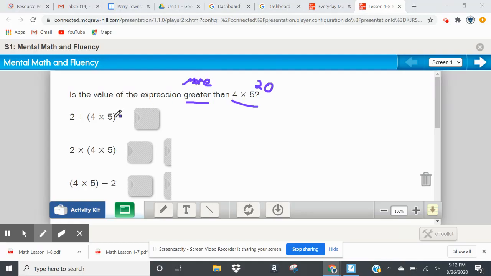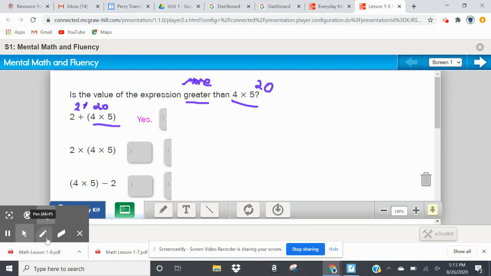All right, so let's do this one first. 4 times 5 I know is 20, plus 2 would equal 22. So is that more than 20? Yes. So that means that that would be greater. What about the next one? Do what's in parentheses first. 4 times 5 is 20, times 2, 20 times 2 is 40.